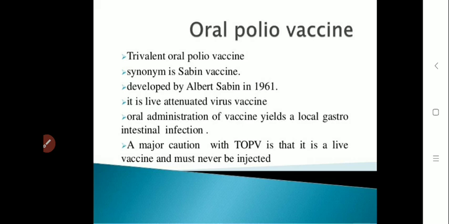In the gastrointestinal tract, the polio virus multiplies, and there is a main requirement to generate immune response in the gastrointestinal tract, and that immune response is generated only by oral polio vaccine.